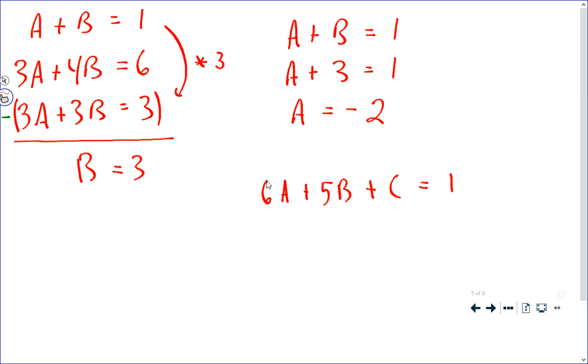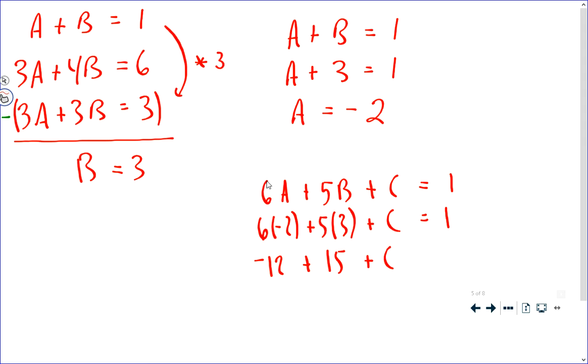I know that a is -2, so I can load -2 in for a. b is 3. c I don't know, but I'm about to discover what it is. This is equal to 1. It's now just a matter of solving this equation for c. I have -12 + 15 + c = 1, so this gives me 3 + c = 1. And now I know that c has a value of -2.